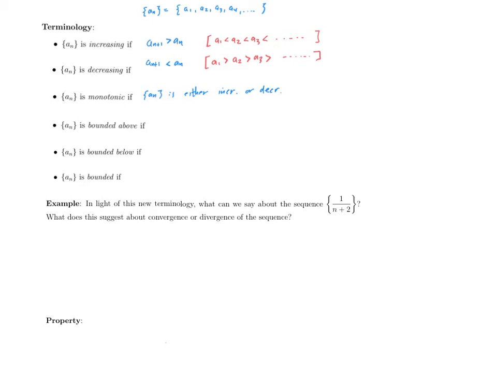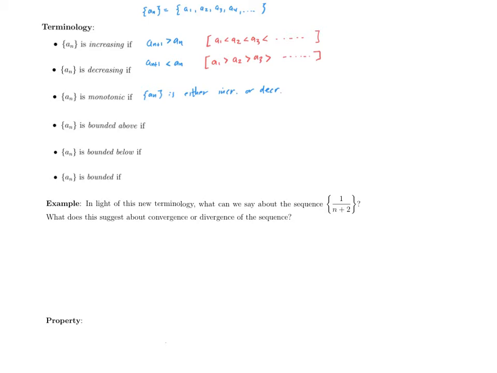And then the other bit of language is related to what it means for a sequence to be bounded. So the first is bounded above. If we have this list of numbers, intuitively what it would mean to say that it's bounded above is that there's some number that's bigger than everything in the list. So a very intuitive idea.